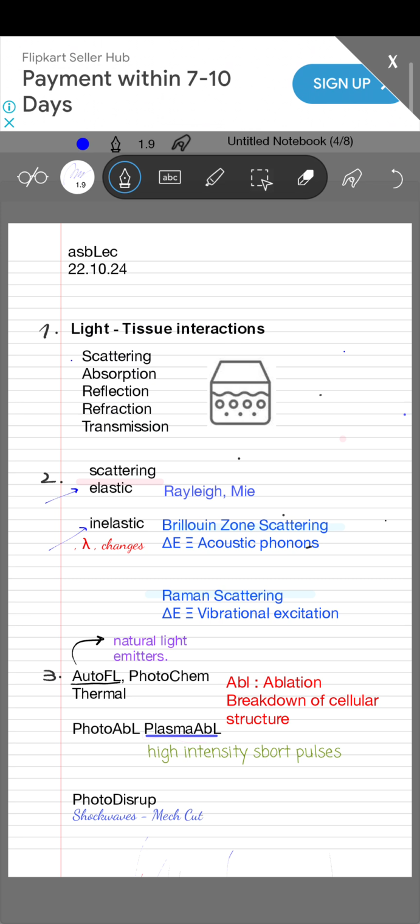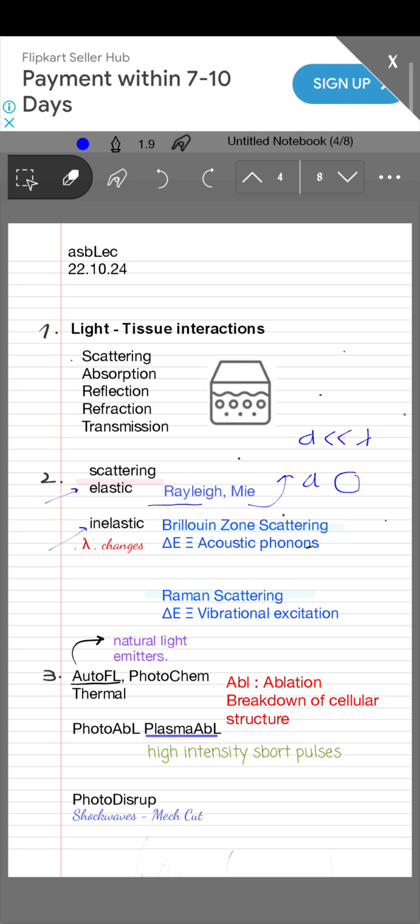Rayleigh scattering is mainly for small particles, where the particle size is much less than the wavelength of the light used, whereas in Mie scattering the particle size is much larger and is also spherical in nature.